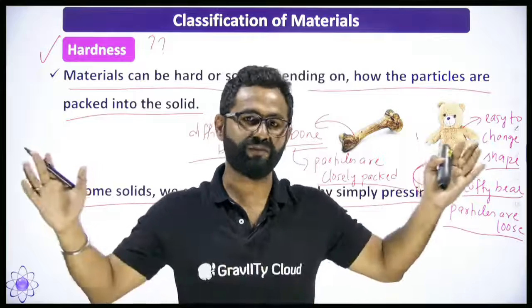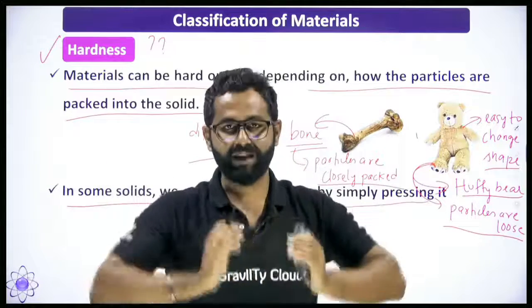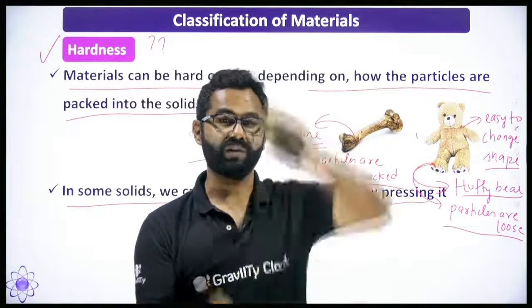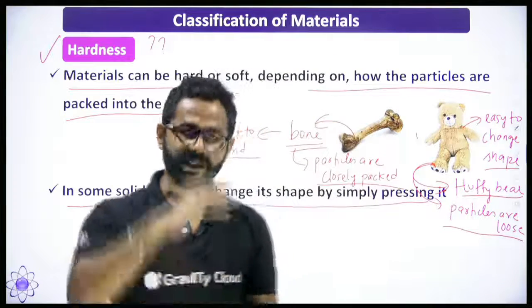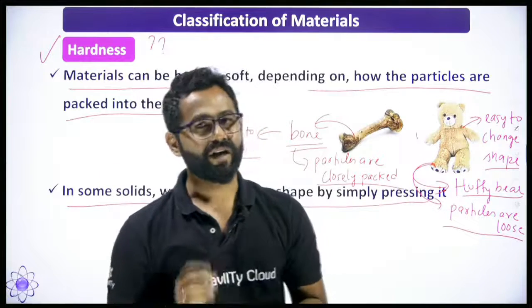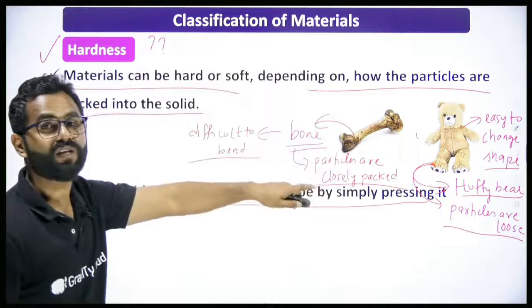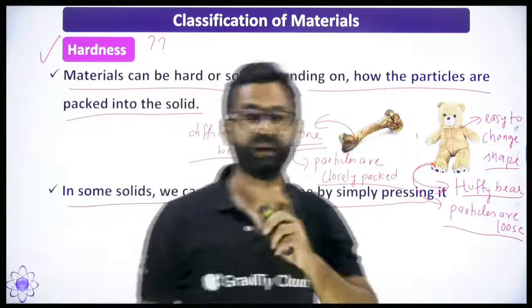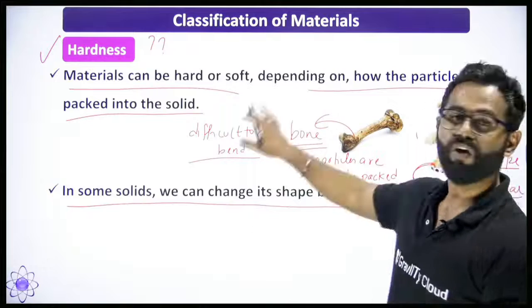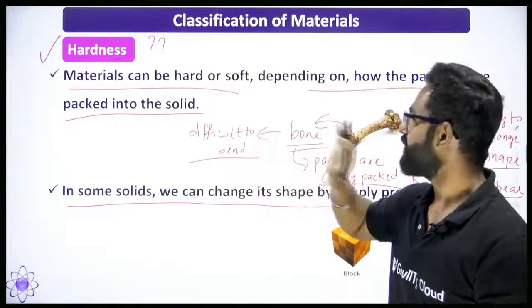If you press it from the sides, its thickness will decrease. And if you press it from the top and bottom, its length will decrease, right? So this is how the hardness of the materials depends. It all depends upon the packing of the particles in the solid.